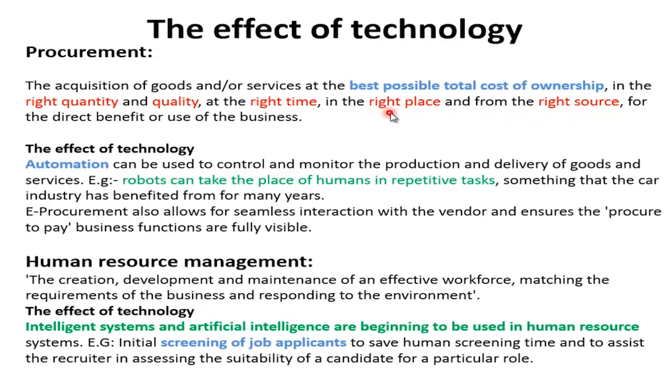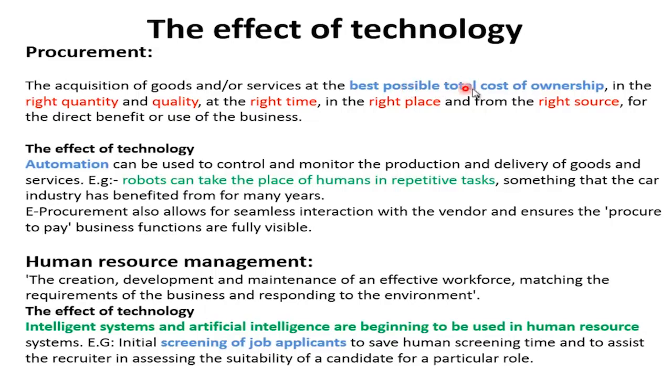It means the sources from which you are purchasing the goods or materials should be the right source, the right supplier. So all these five things have to be considered.